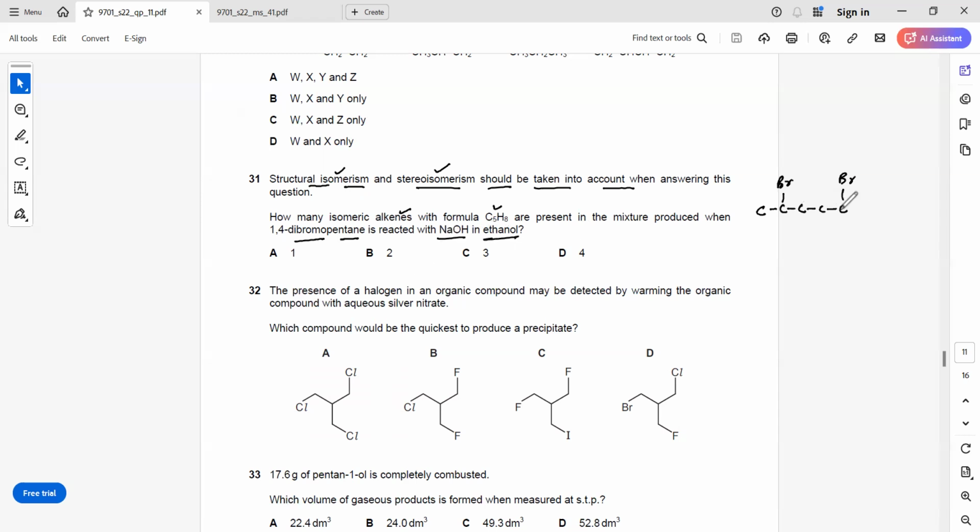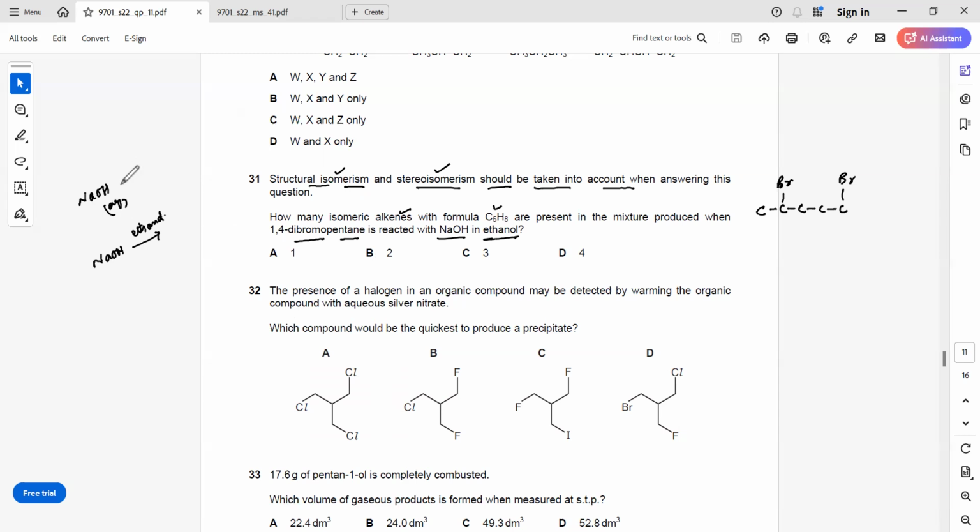Remember the reaction of halogenoalkane with sodium hydroxide. If it is aqueous sodium hydroxide, or sodium hydroxide in presence of ethanol, there are two types of reactions. Clear?